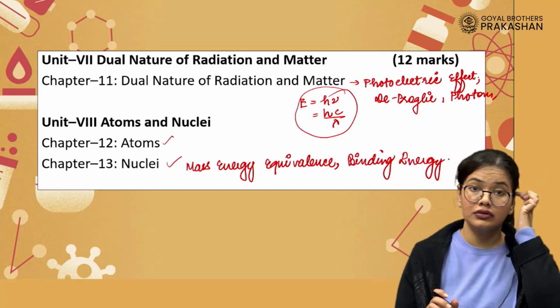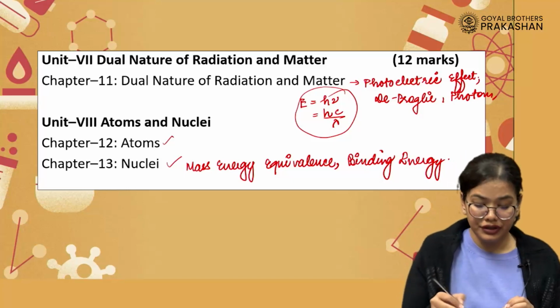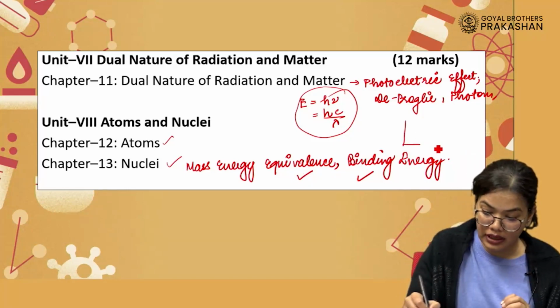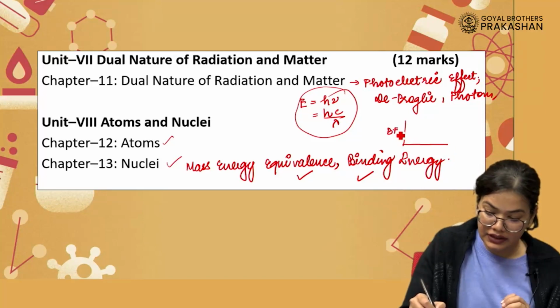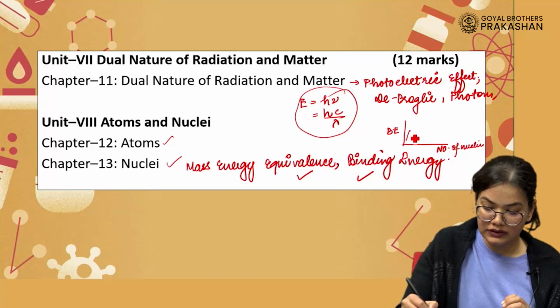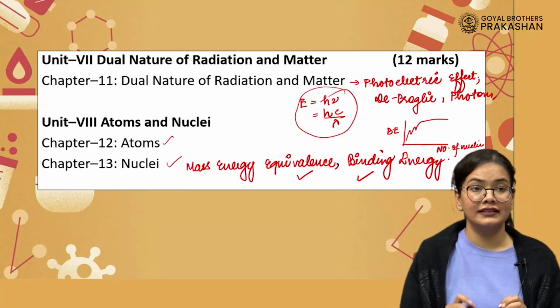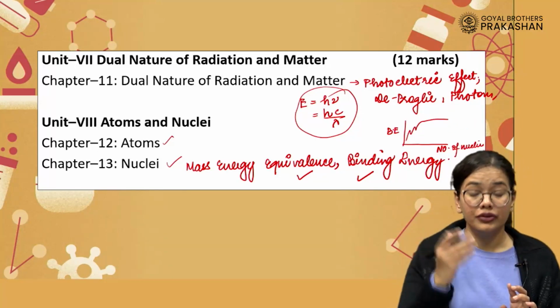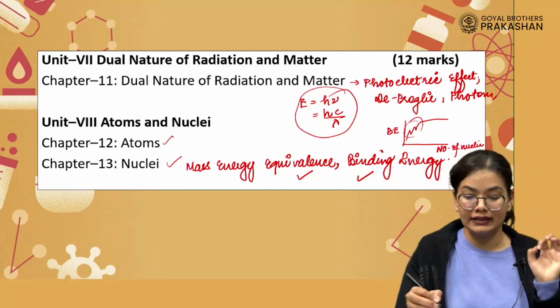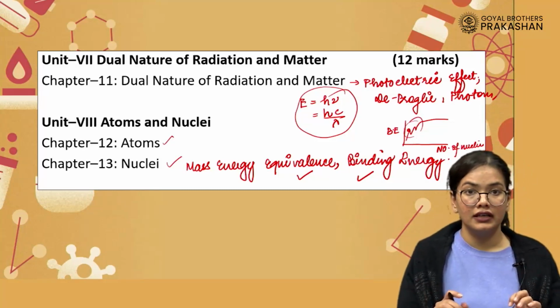These two topics are very, very important. Numericals are sure shot, and there is one important graph of binding energy versus number of nucleons. You need to know where the peaks come from and which nuclei are placed on these peaks.